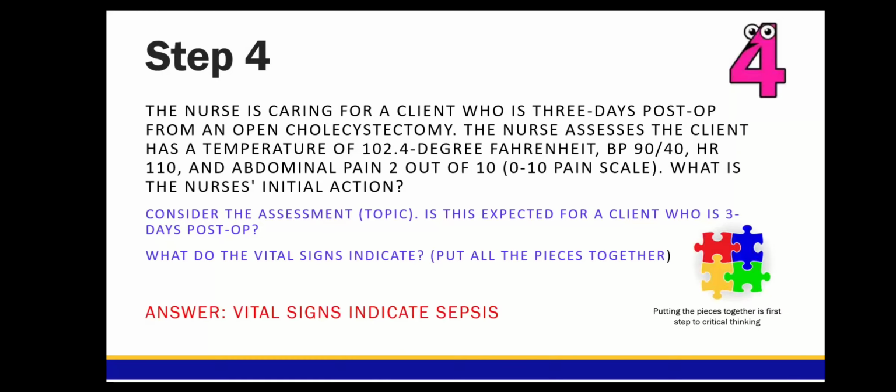Others would focus on that blood pressure and say, well, they're probably dehydrated or bleeding. But if you take those separately, you may come up with that conclusion. But when you put all three together, you come up with the hypothesis that this patient may be becoming septic, right? He's going into septic shock.